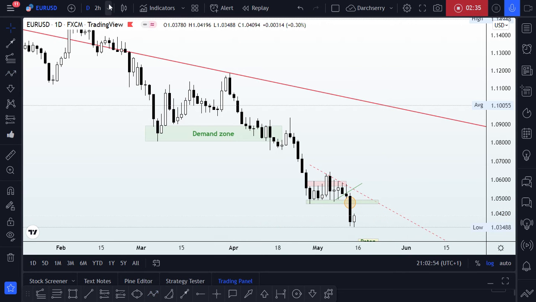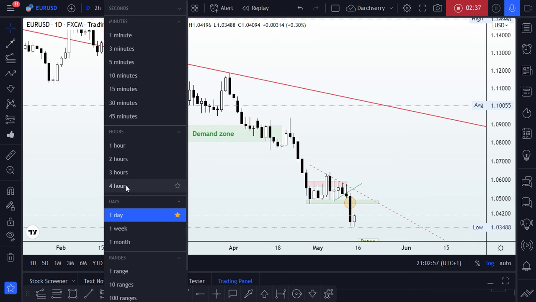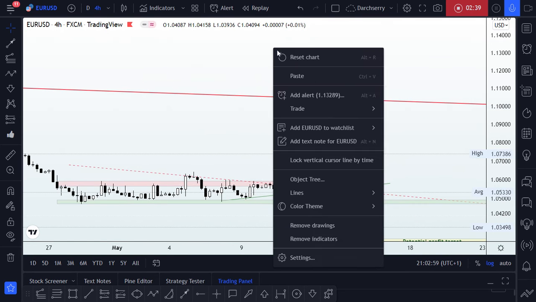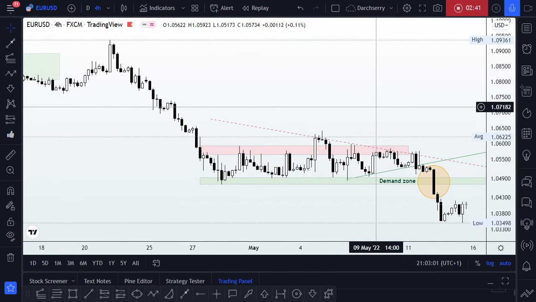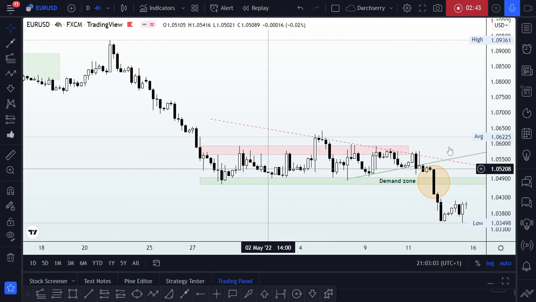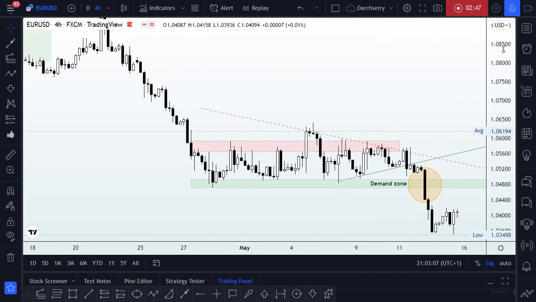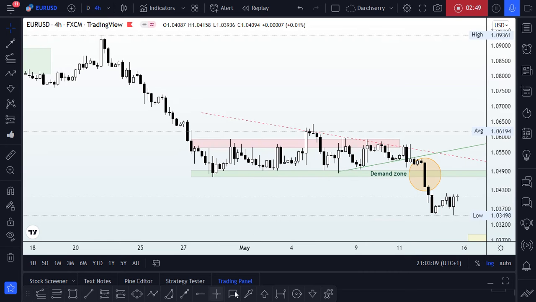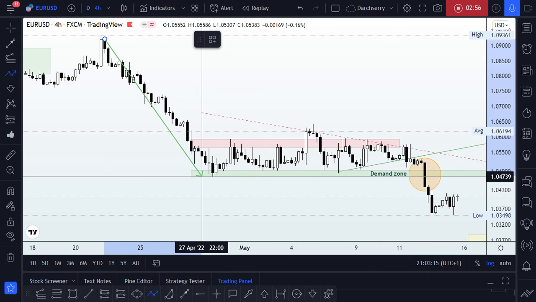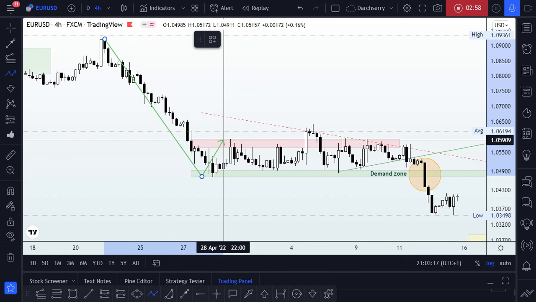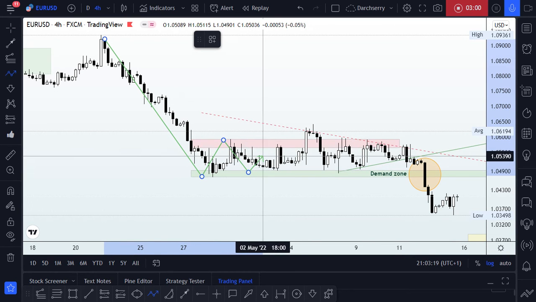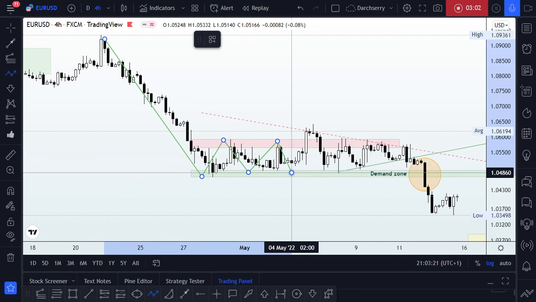So allow us to scale down to a much lower time frame, let's say the 4 hours time frame at this point, where we really need to zoom in and see what has been happening since the beginning of the month of May. You can see that we had an impulse leg prior to the beginning of the month, after which we saw that price fell into an indecision phase, which is represented on the chart as the consolidation phase.